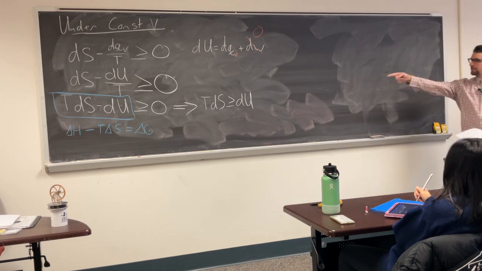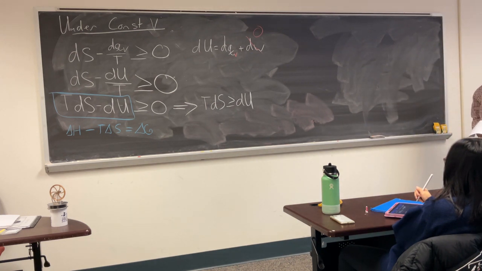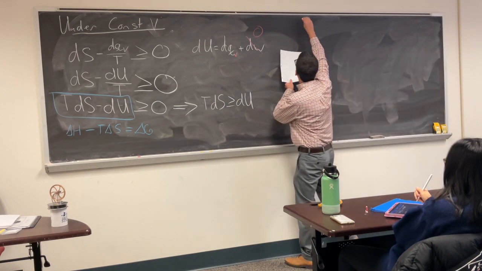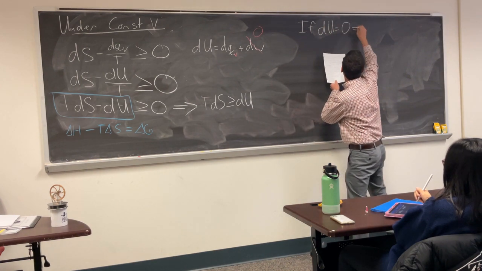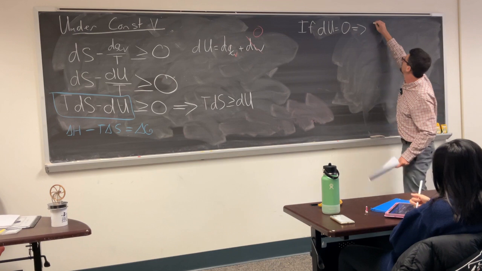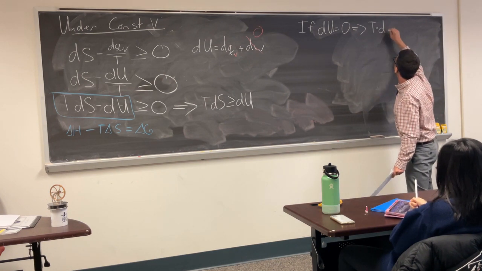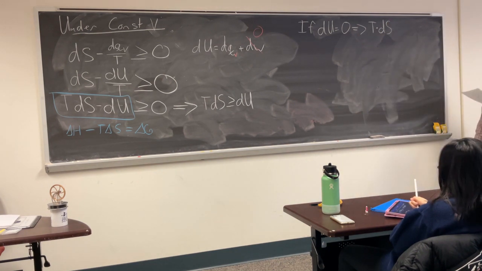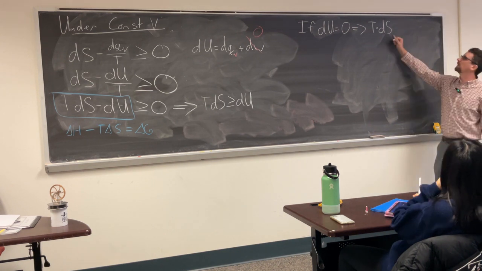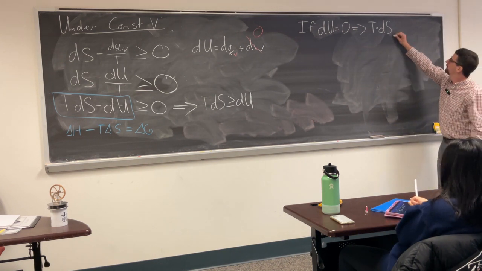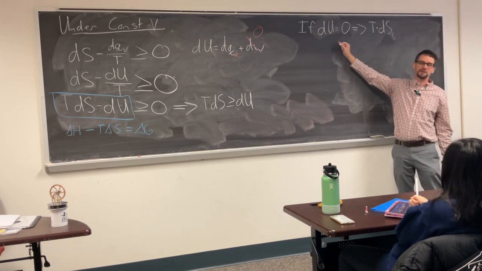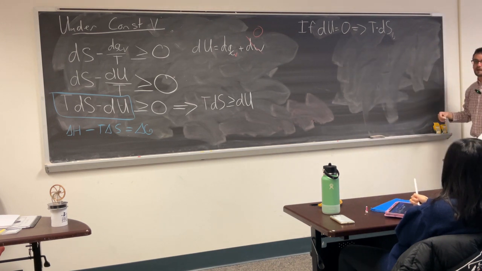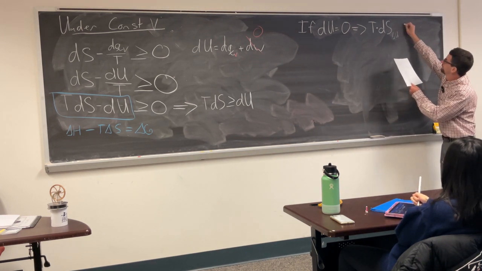All right. What we're going to do with that, we're going to consider a couple different scenarios. We're going to get some valuable information out of that. If du is equal to 0, let's look at our expression T ds, and we have it under constant situations. We're going to put those in subscripts here. We have volume. What else is constant if du is equal to 0? Yeah, the internal energy is equal to 0.